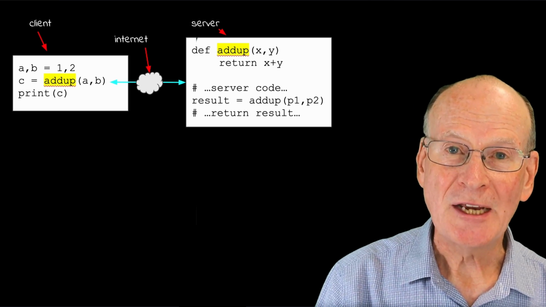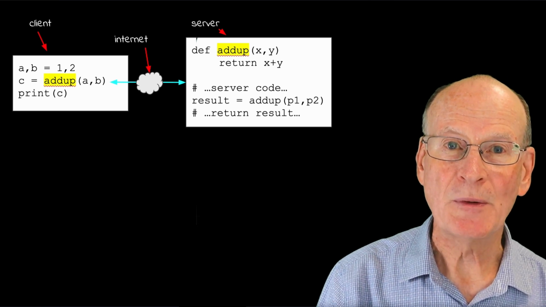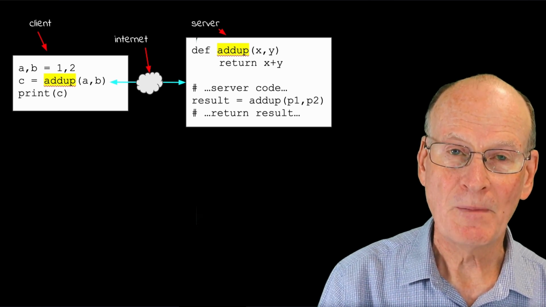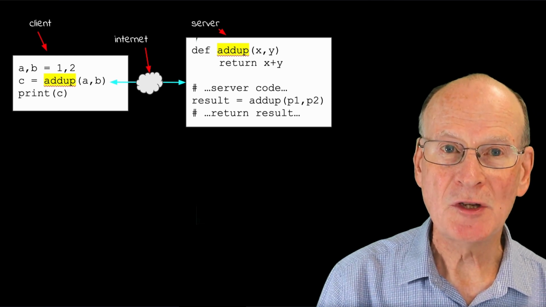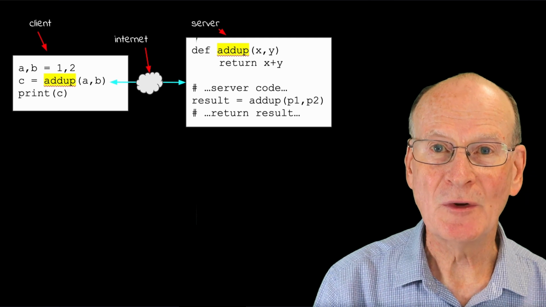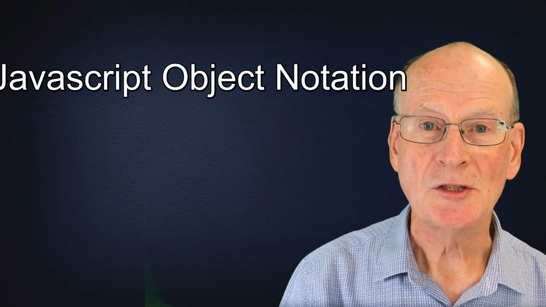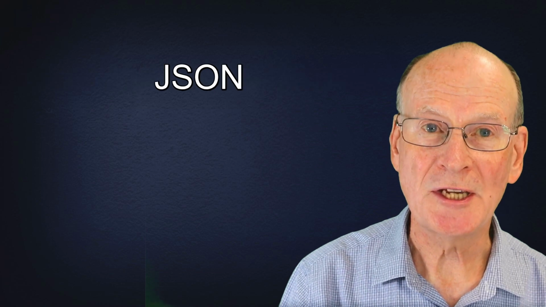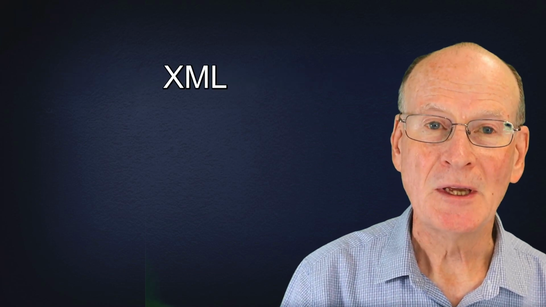There are a number of standard methods within the web protocol that are used to package up the parameters and return the results. One way of doing this is to make the parameters part of the URL that's sent to the web server with an HTTP GET request. Another way is to use a structured text encoding of the data, such as JavaScript object notation or JSON, or the extensible markup language or XML, to represent the parameters and the result.